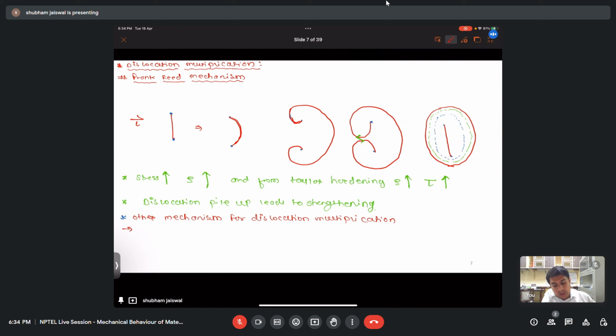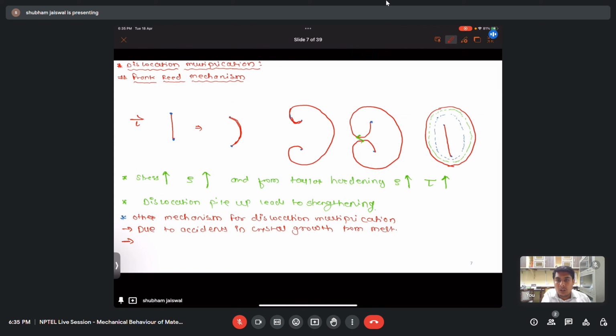The first one is, due to accidents in the crystal growth, we'll get a dislocation. Okay, this is one mechanism.